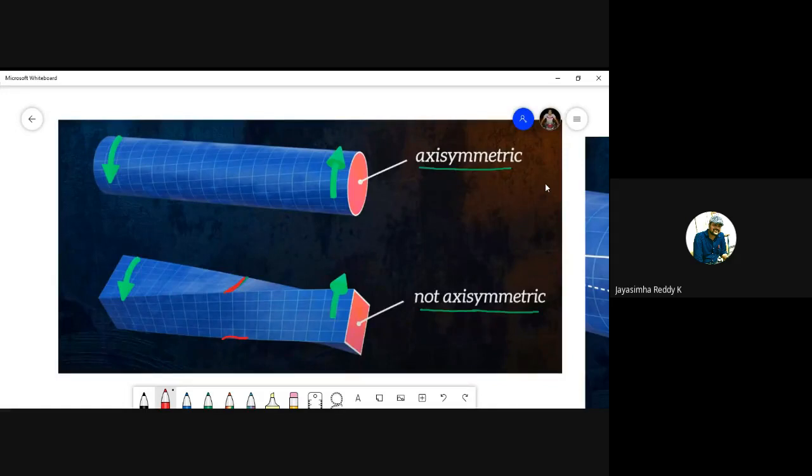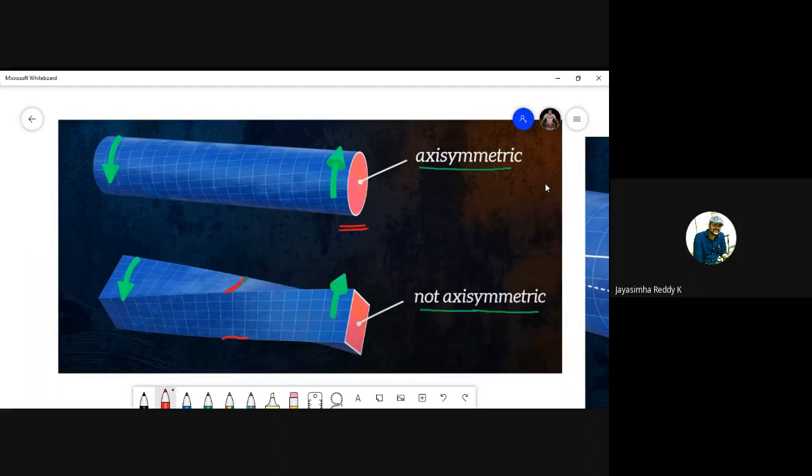So we are assuming only circular shafts. Even after applying torsion, the warping does not happen for axisymmetric shafts, that is, for circular shafts. That you have to remember.